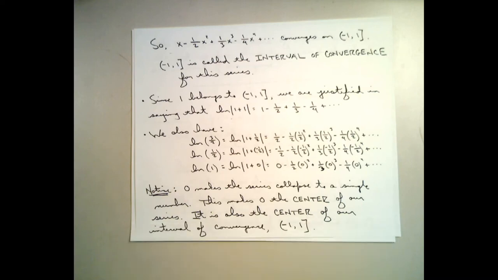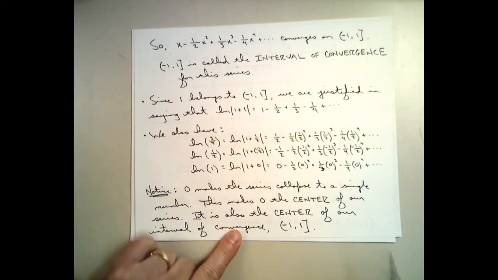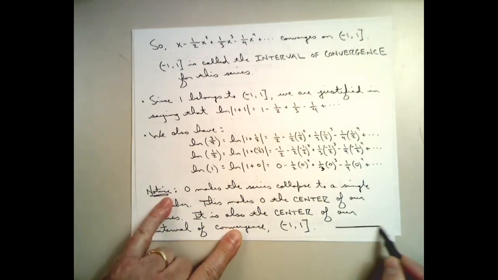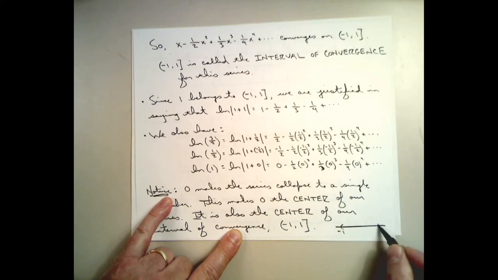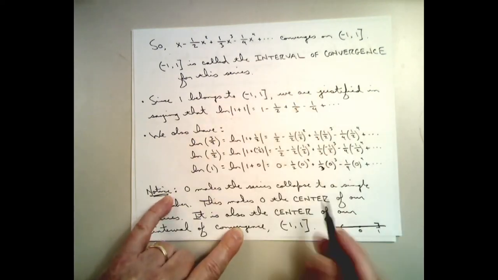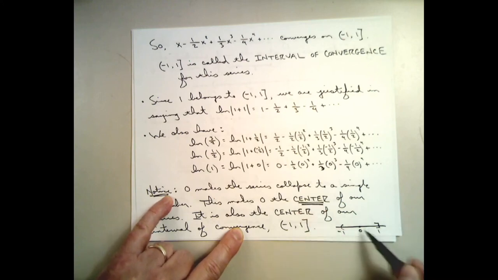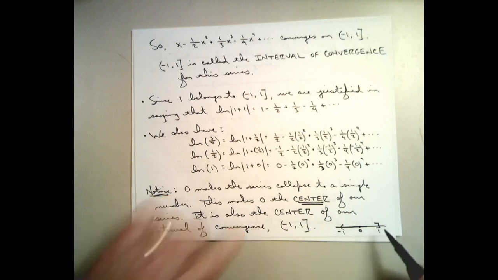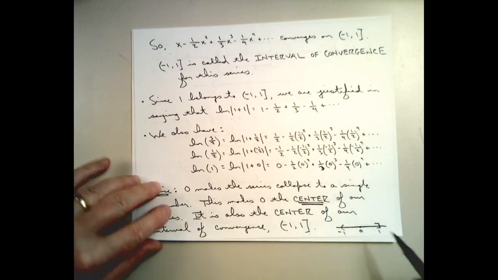Well, if you'll notice, it's also the center of the interval of convergence. If we wrote our interval of convergence down here, -1 to 1, the center of that interval is in fact 0, and that's the number at which the series collapses. So that word center is really denoting where it's going to fall in our interval of convergence.